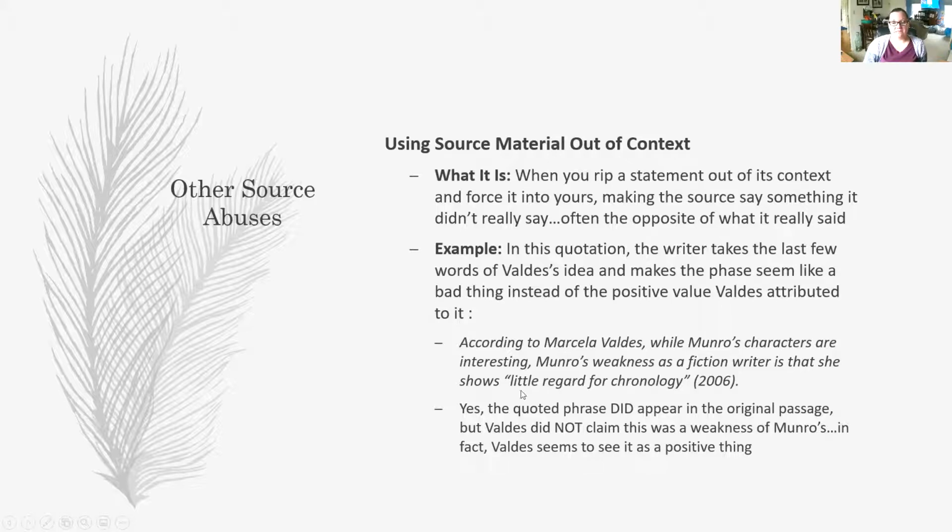But the problem is that the article where this quote came from never said anything about Monroe being a weak writer. That's not what it was talking about at all. It was actually extolling her traits, her skill. It never said she was weak. So we have used this quote out of context. We made it say something it didn't really say.